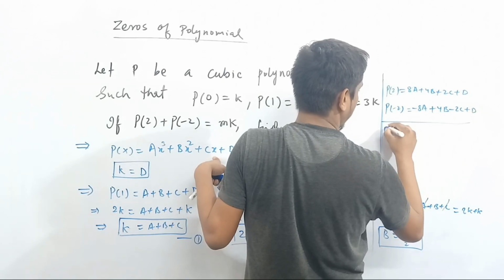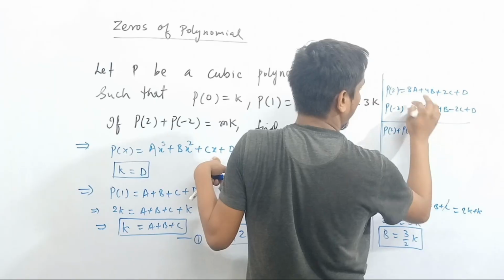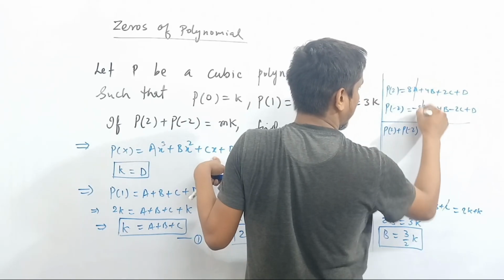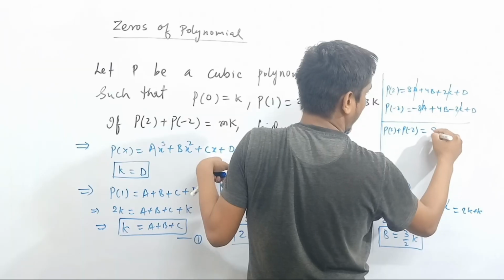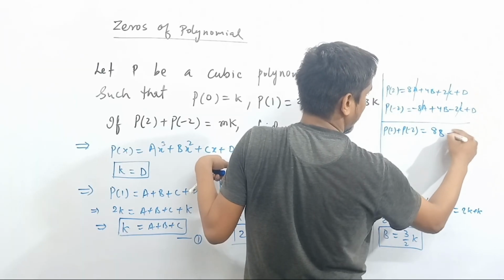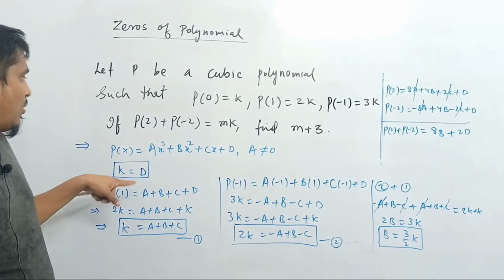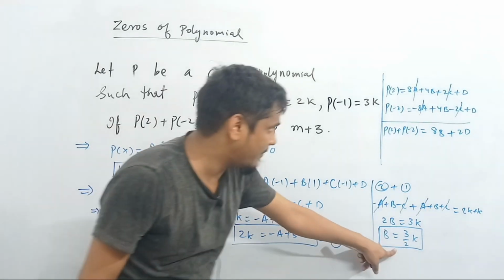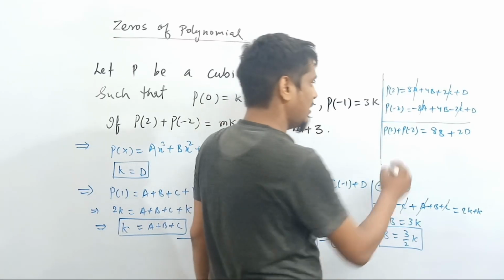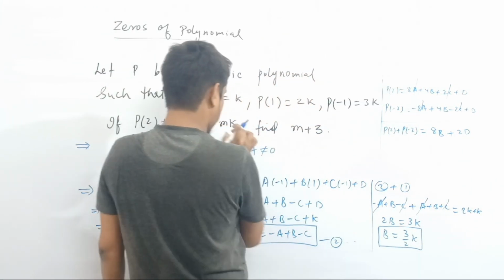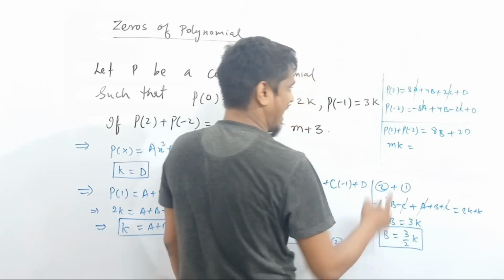Add both of these, so p2 plus p minus 2 is what? The 8a plus negative 8a got cancelled, the 2c plus negative 2c got cancelled, so 4b plus 4b is 8b, and d plus d is 2d, and we have the values of both d as well as b. If we substitute the values of b and d in this, then we are done. As this value is given as mk, m times k is equal to 8b plus 2d.